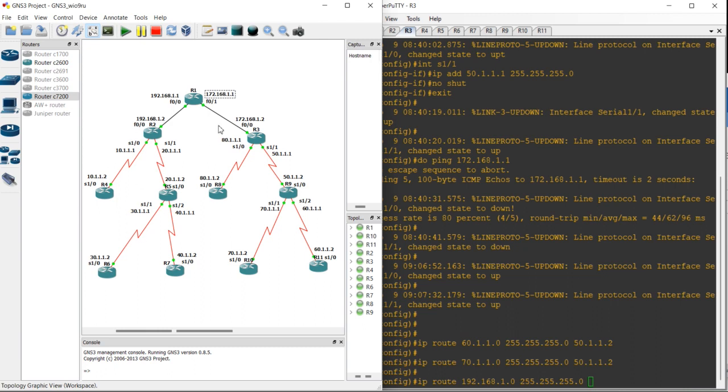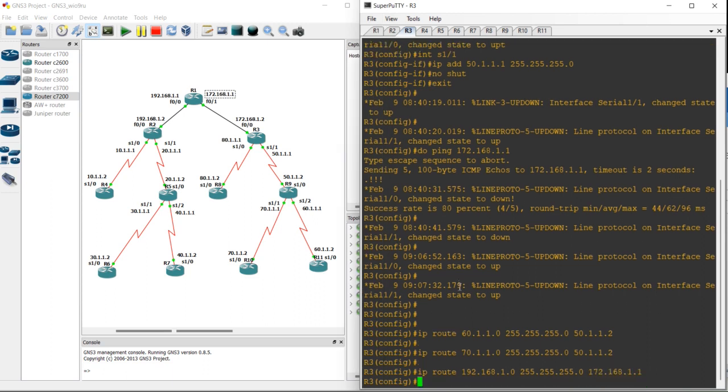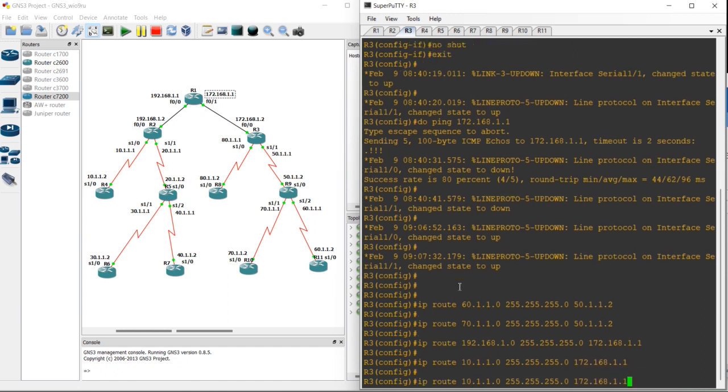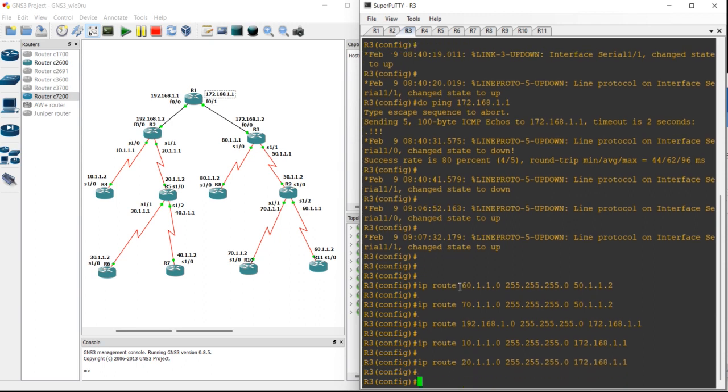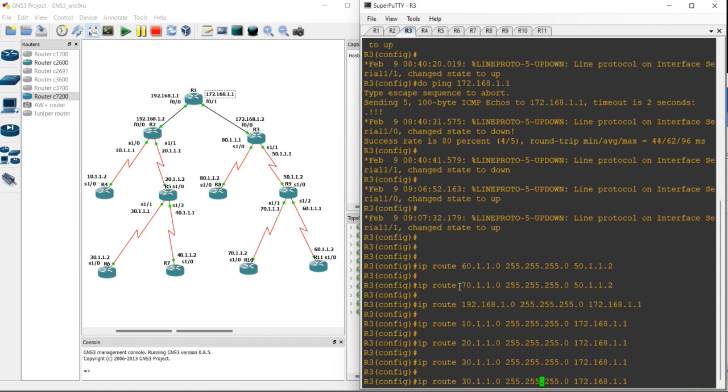For all these networks, we need to use this exit IP on router 3, 172.168.1.1, right? For the 10s network, same. For the 20s network, for the 30s network and for the 40 network.